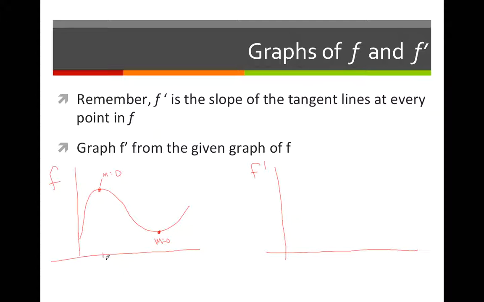So let's call this a 2, and let's go 5. So 1, 2, 3, 4, 5. So that means at x equals 2, my slope is 0. That means f prime is 0 at x equals 2. And if we go to x equals 5, it's the same idea.